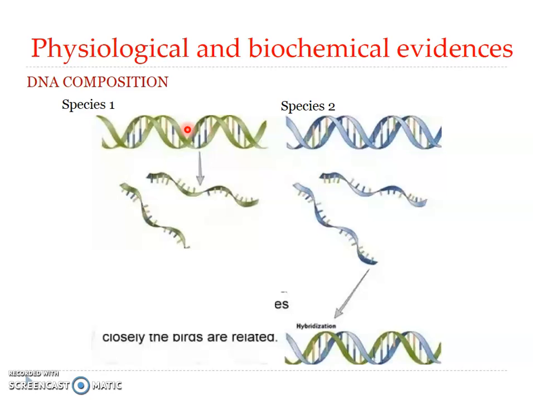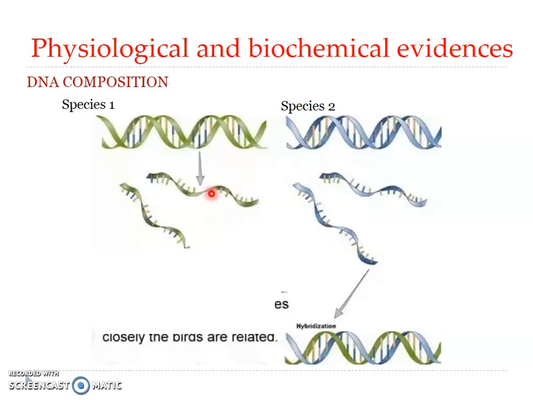The similarity between the DNAs of two species was studied by Hoyer and co-workers in 1964. By suitable methods, they melted down the double-stranded DNA, and it got separated into two single strands.